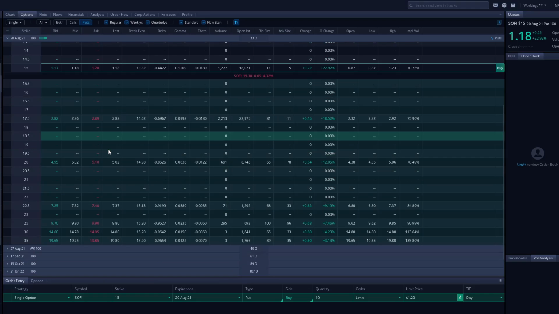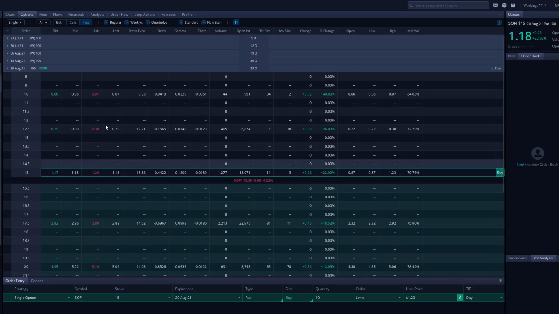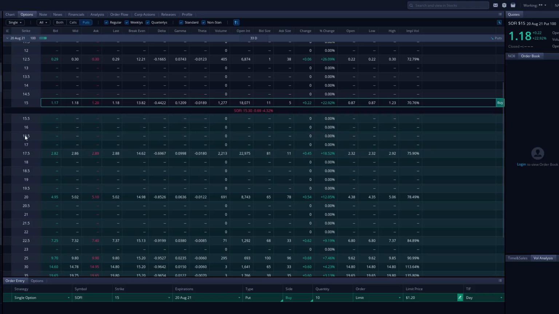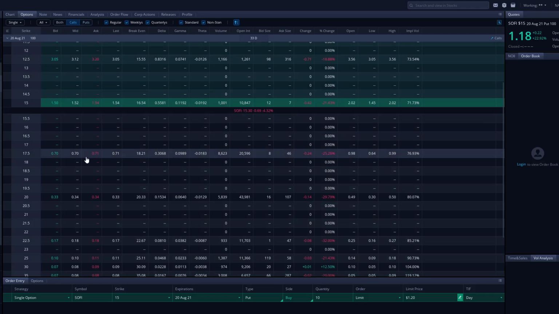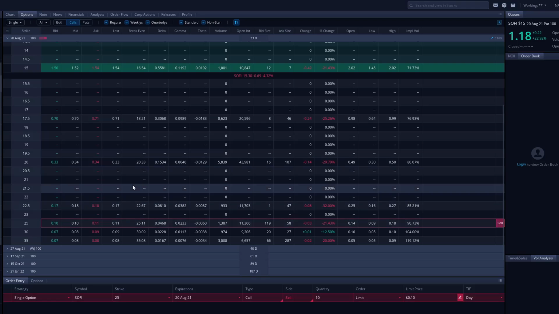So you are playing both sides of this position. So you are saying that as long as the price is above $15, and then when we talk about the calls again, as long as it is below $25, so you have a $10 range where the price can fall within the next month, and you will get to collect premiums and be under no obligation to do anything.